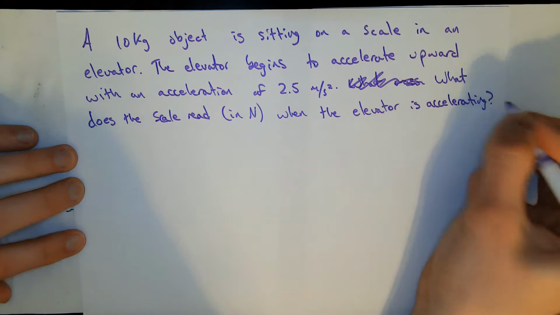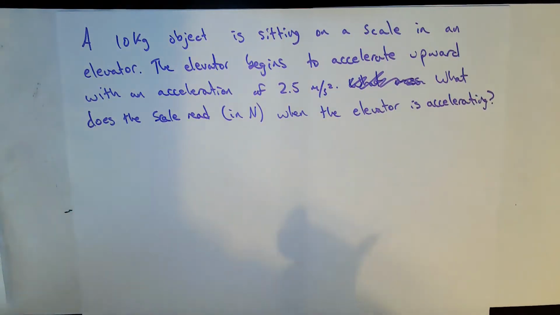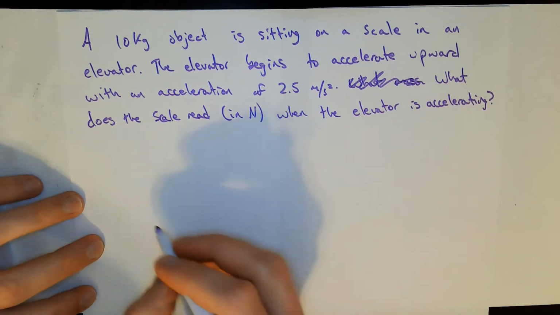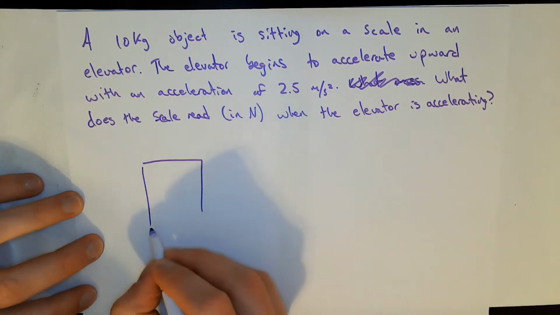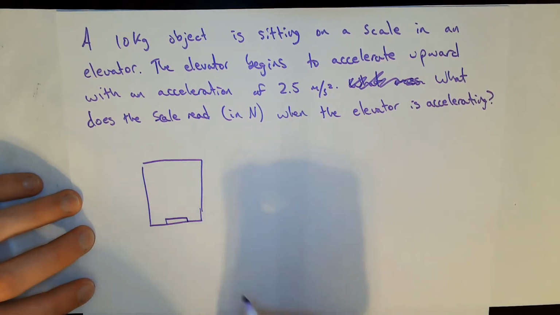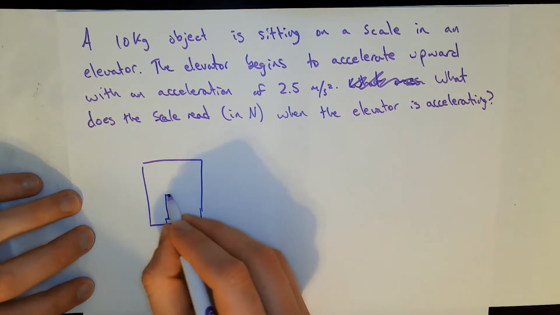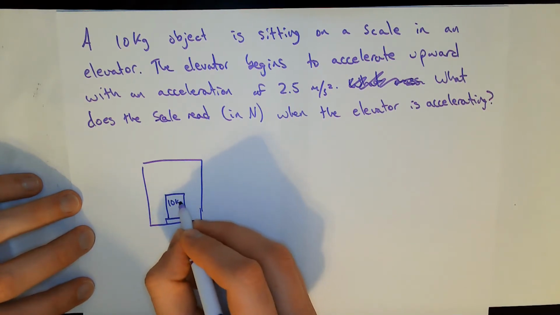So this is not a tension force problem necessarily. This is an elevator that is being pulled up by a tension force, but we're not really worried about it. We're more zooming in on the thing inside the elevator. So we have the elevator, we have this scale, and then some 10 kilogram object sitting on the scale.